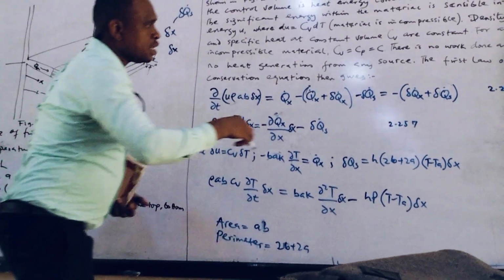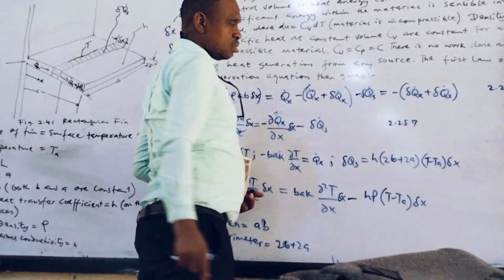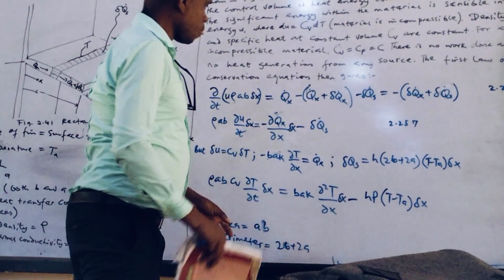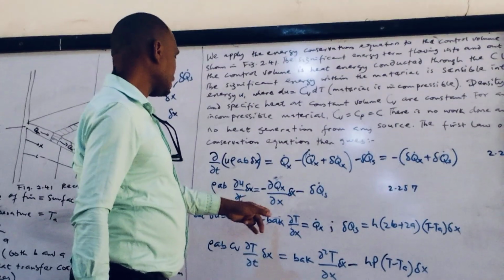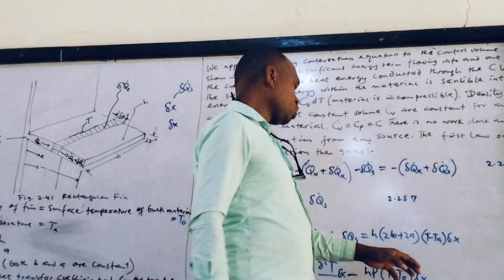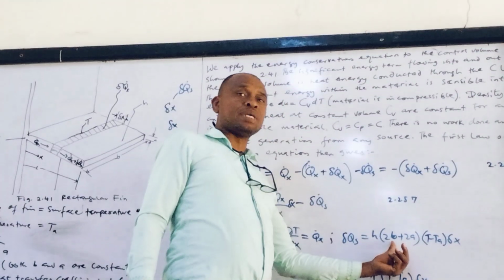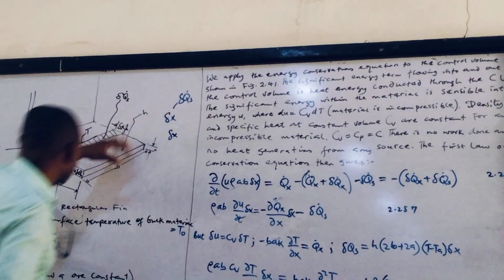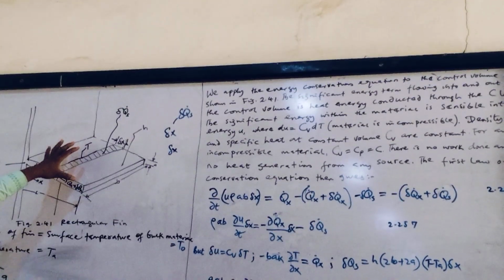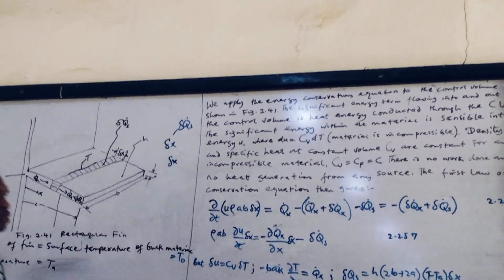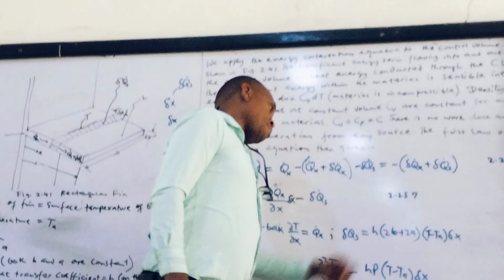So the dx is not gone. And this dx also justifies the x here, because the justification is as a result of this perimeter multiplied by the length. The perimeter of this object multiplied by the length gives you the area of the surface. Correct. So that's how it came about.